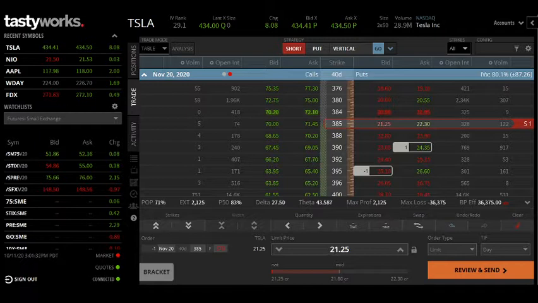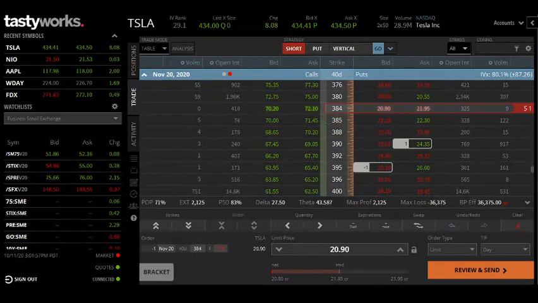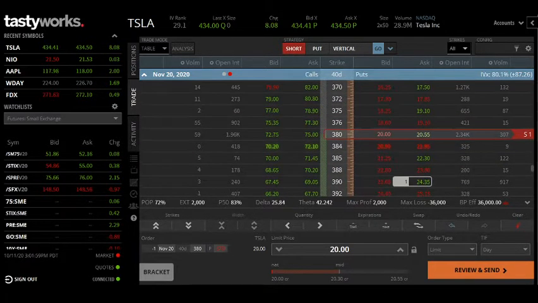Perfect. And so these are your deltas. Not only does it give the amount that your contract moves per dollar, it gives the probability of your contract being in the money at expiration. So when I say 20 delta, that's a 0.2 delta, which is an 80% probability of profit.